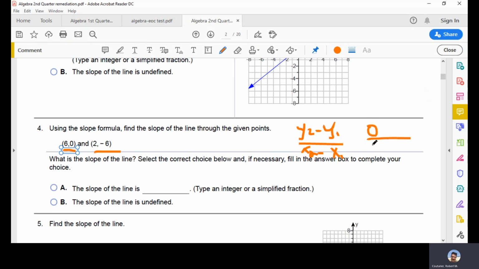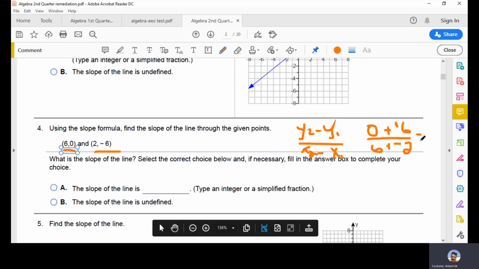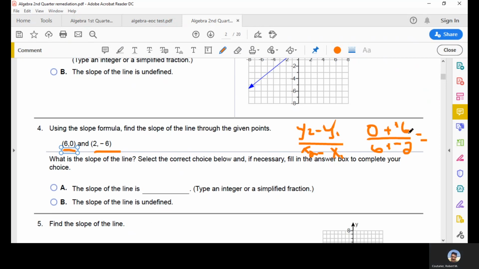0 over the 6 minus -6 over the 2. Keep, change, change, keep, change, change. And then you do your math. 0 plus 6 is 6.